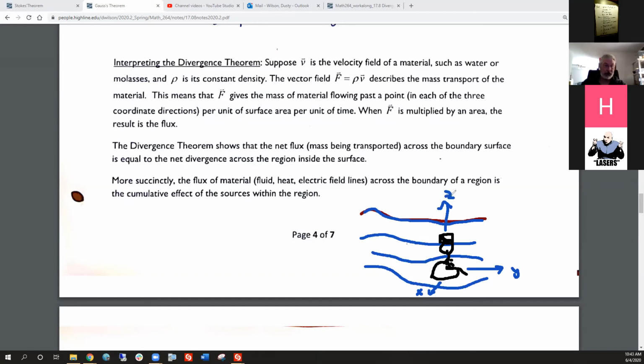So the vector field describes the mass transport of the material. This means F gives the mass of material flowing past a point per unit. So if you think about it, are we looking at a single point? Am I looking at something the size of my fist?